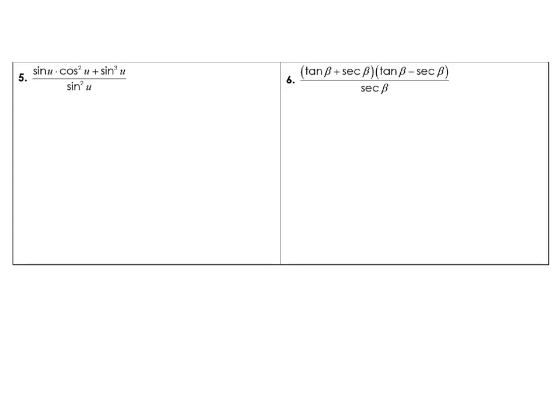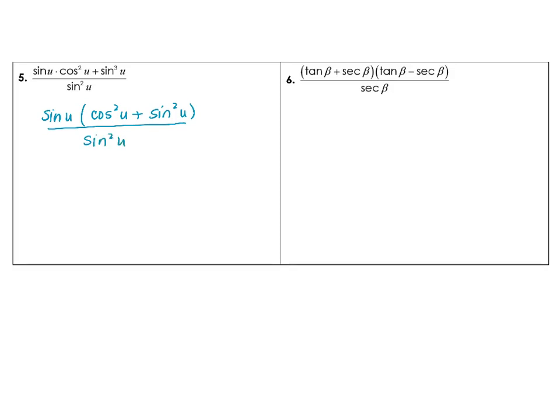Okay, with number 5, it looks like we might have a GCF here. So we can factor out sine u in the numerator. So let's see what that's going to give us. We're going to have sine u times cosine squared u plus sine squared u, and that's going to be over sine squared u.